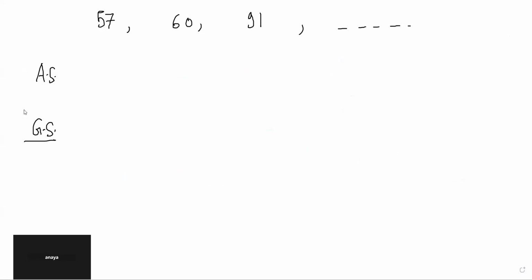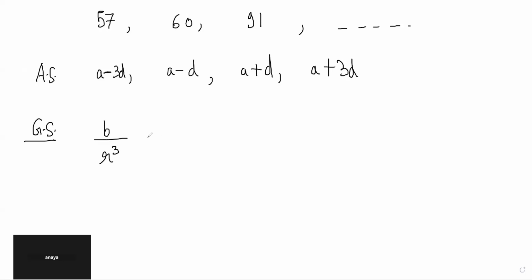I'll choose my AP terms like this: A minus 3D, A minus D, A plus D, and A plus 3D. And then my GP is B by R cube, B by R, BR, BR cube.